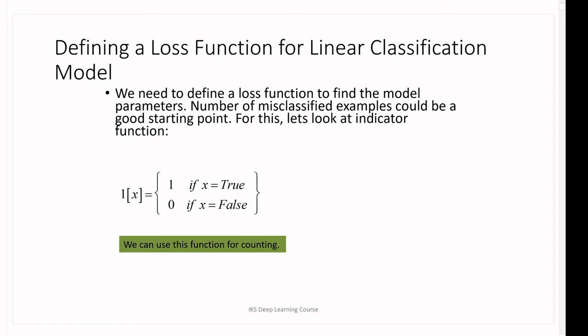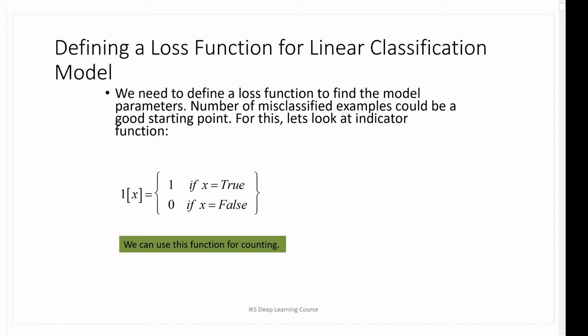Obviously, we need to define a loss function so that we can figure out the parameter values given a collection of training examples. So to do that, let's start with a function that we call an indicator function.